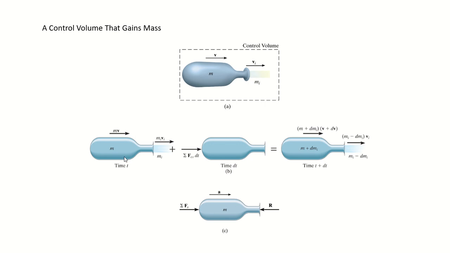Here you have time t, your change in time delta t, and something happened because this impulse is affecting that control volume, and here is your mass gain, the change in mass right there because of this, and it goes bang. So here it is showing you the control volume that gains mass because of this impulse coming in, changing your momentum and your mass right here, because the change is not that much.